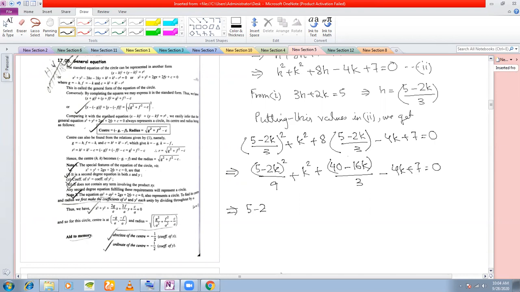Get (5 minus 2k) whole square plus 9k square plus 3 times (40 minus 16k) minus 4 into 9, 36k, plus 7 into 9, 63.